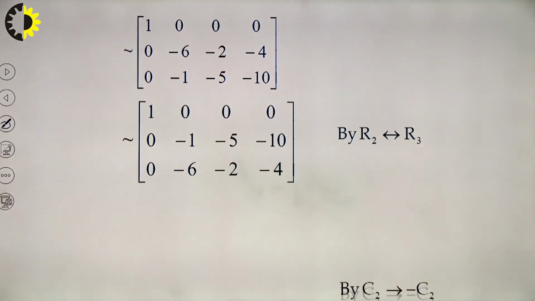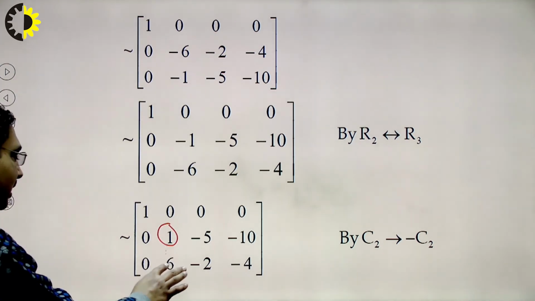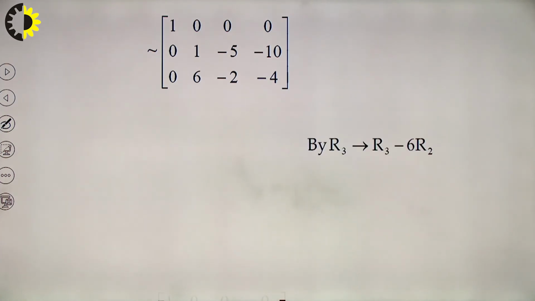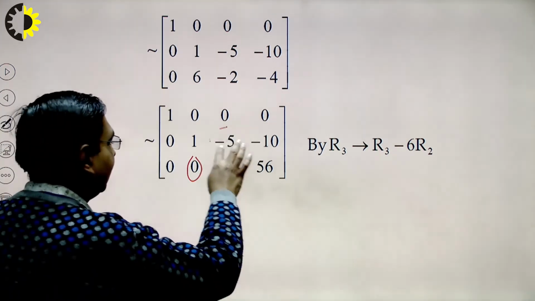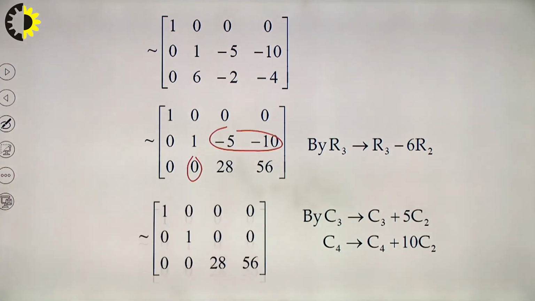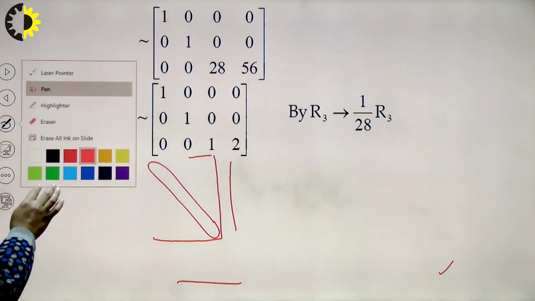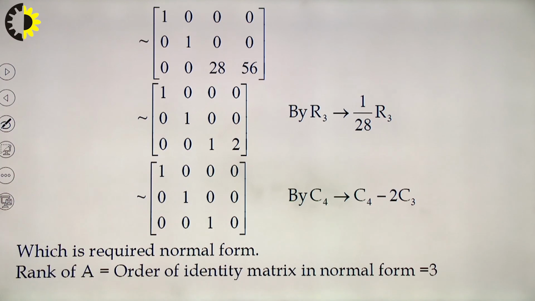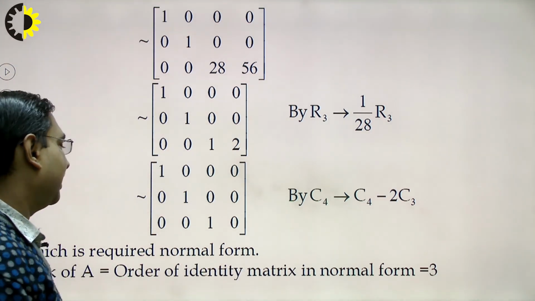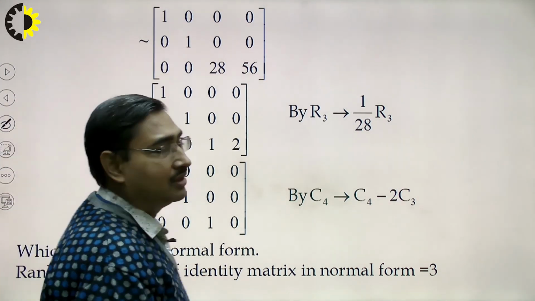Converting this element to 1, I obtain this form. With the help of this one, the remaining elements of the first column are converted to 0 to obtain this form. Then, with the help of this one, the remaining elements of the second row will be converted to 0 to get this form, and the process was repeated, and finally I obtained this matrix which was the required normal form, and the rank of the matrix is nothing but the order of the identity matrix occurring in normal form, and which is 3.